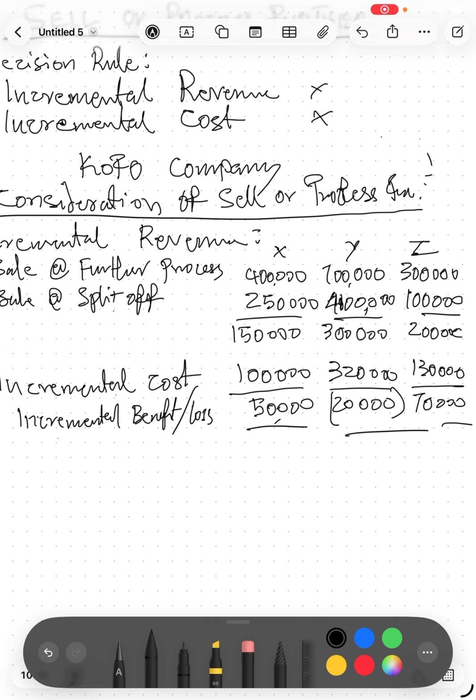So what this means is that for this one, we should process further. Sell at split off.